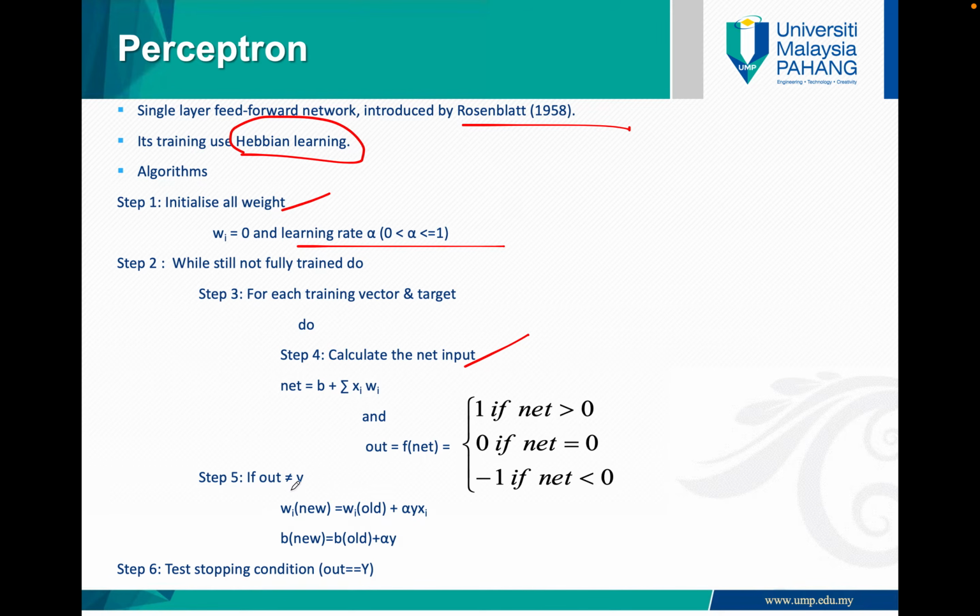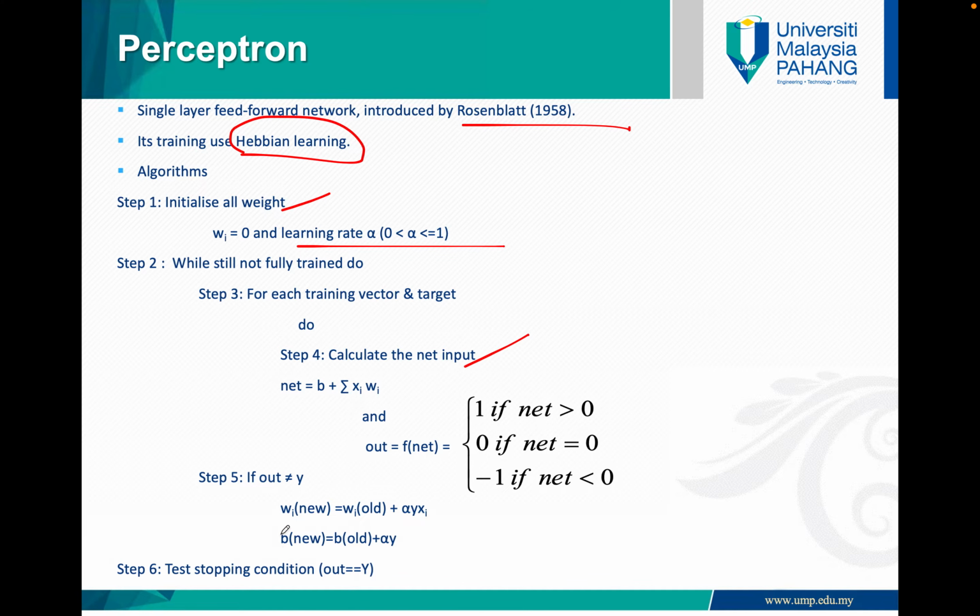If the output is not equal to y, we calculate the new weight, so we update the weight. That's why we call it the activation function. The new weight is the old one plus the learning rate, where alpha is the learning rate.